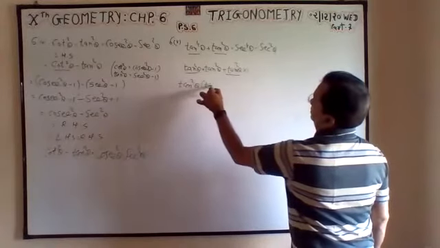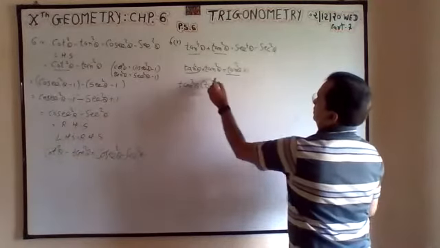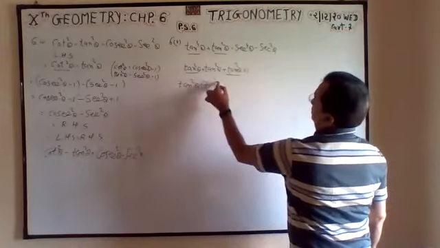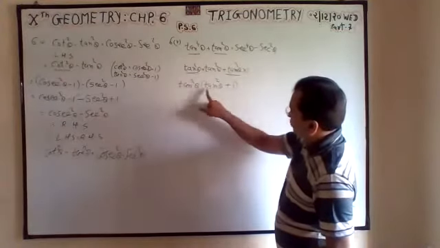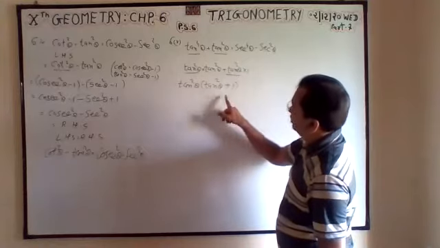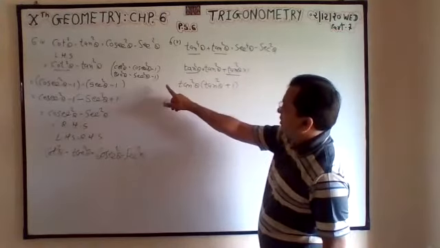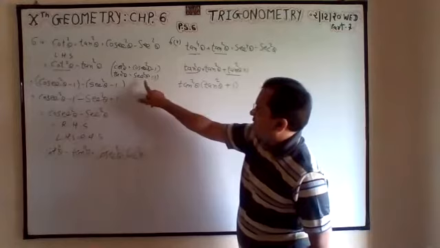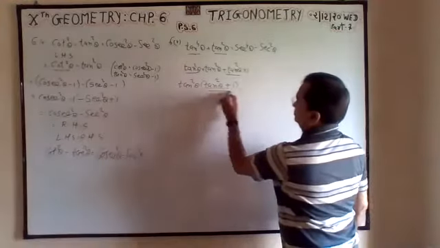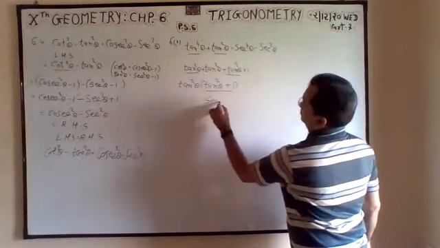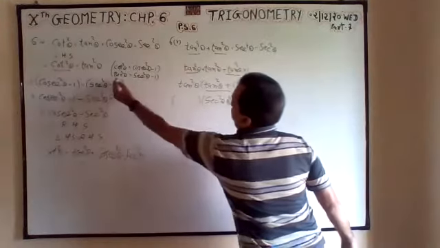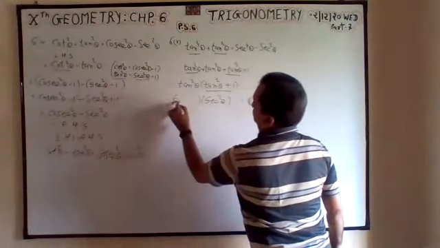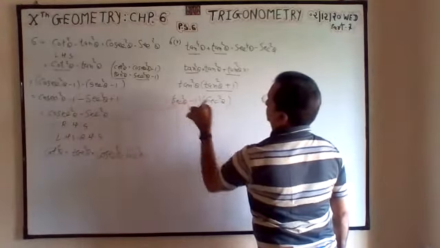Tan square theta plus 1. Tan square out, only tan square remains. Tan square out, only 1 remains. And tan square plus 1 is equal to sec square theta. And tan square is equal to sec square theta minus 1.